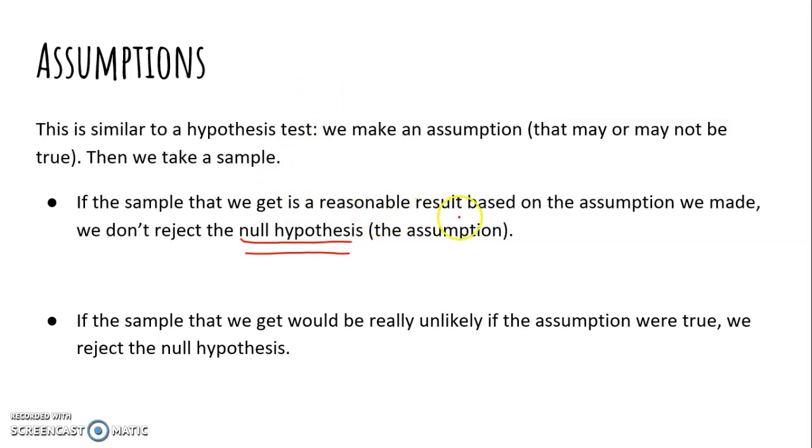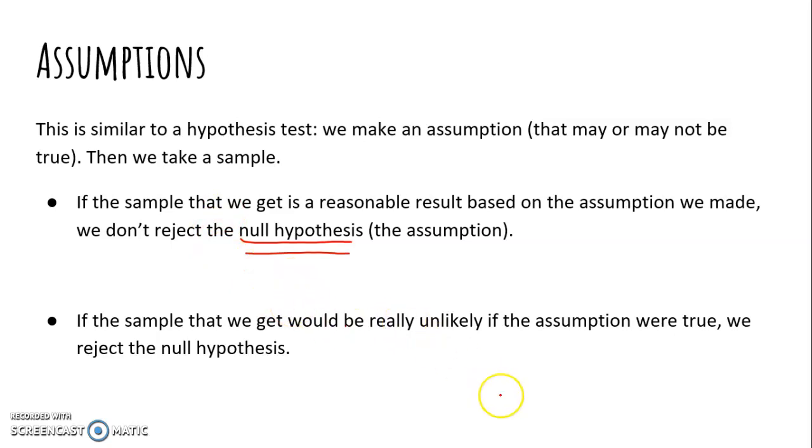Is it reasonable? So basically what we're going to do is figure out the probability of that sample result happening, and if it's less than what we consider unusual, then we're going to reject the null. And if it's not less, which means it would be a reasonable result, then we don't reject it.